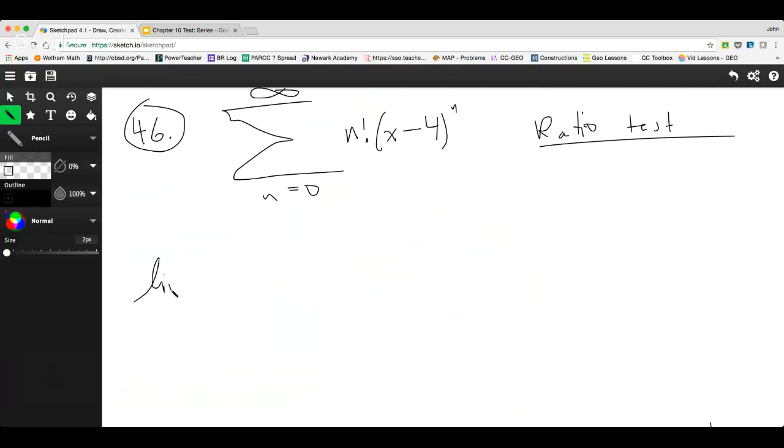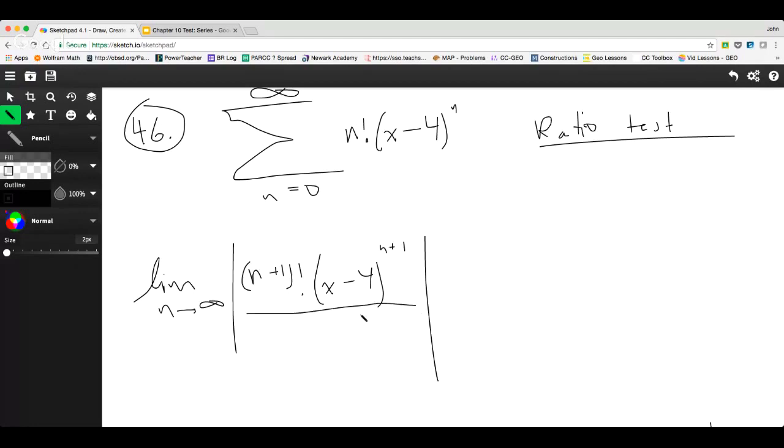So let's check the limit of the n plus 1th term over the nth term, absolute value. And we'll have n plus 1 factorial and x minus 4 to the n plus 1 over n factorial and x minus 4 to the n.